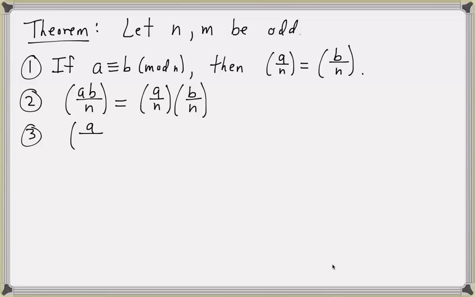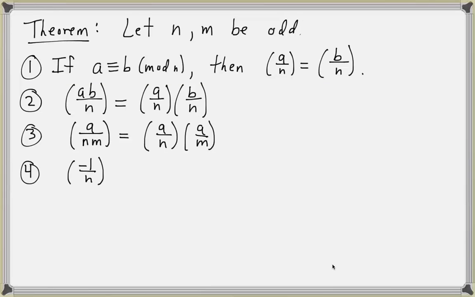If you have a Jacobi symbol A over n times m, then this is actually equal to A over n times the Jacobi symbol A over m. Fourth, this is the same property when we have the Legendre symbol with -1. For Jacobi symbols, the Jacobi symbol -1 over n will still equal -1 to the power n minus 1 over 2.